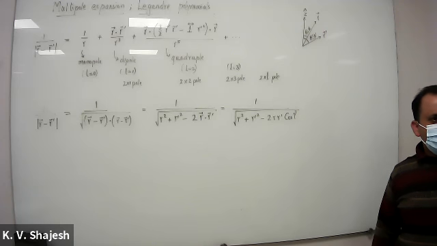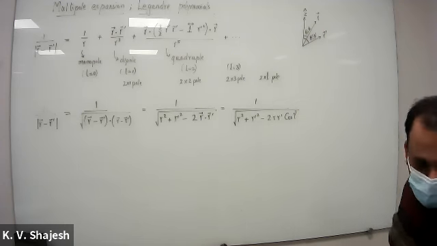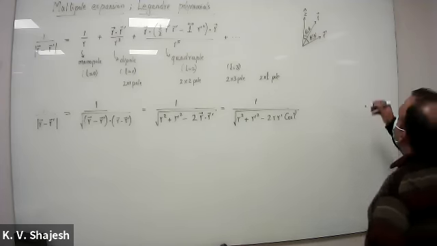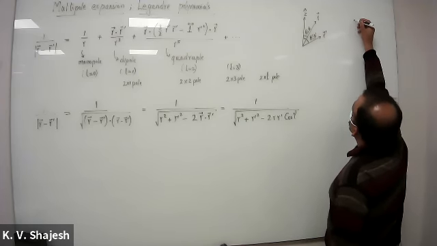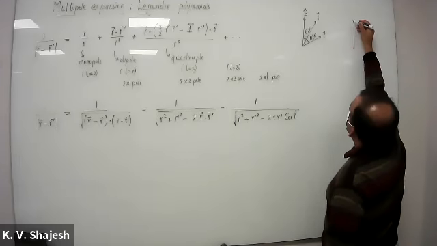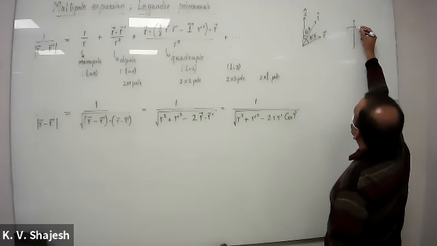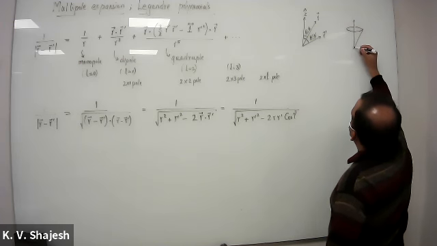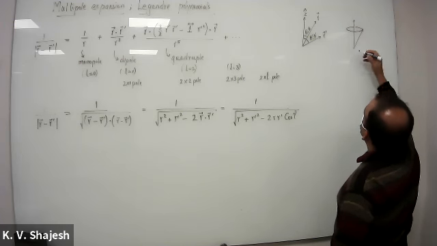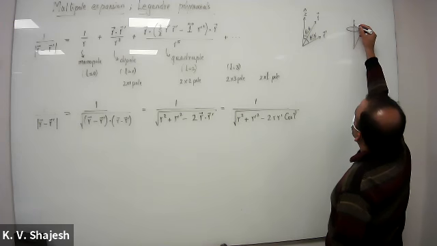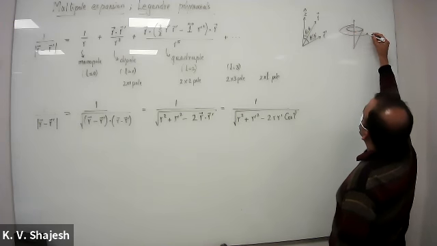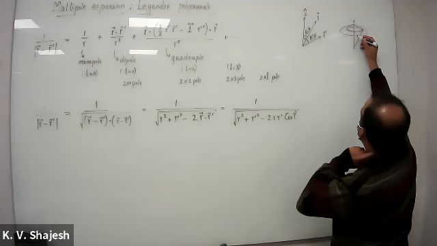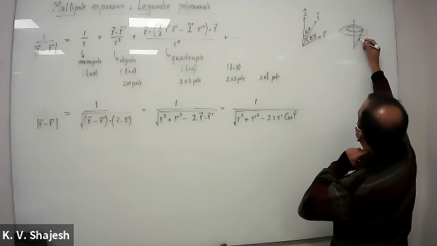No. So let me elaborate on that maybe. Think of this as your axis, and that's your cone. That could be one, and that could be another cone up there, and this could be down here.